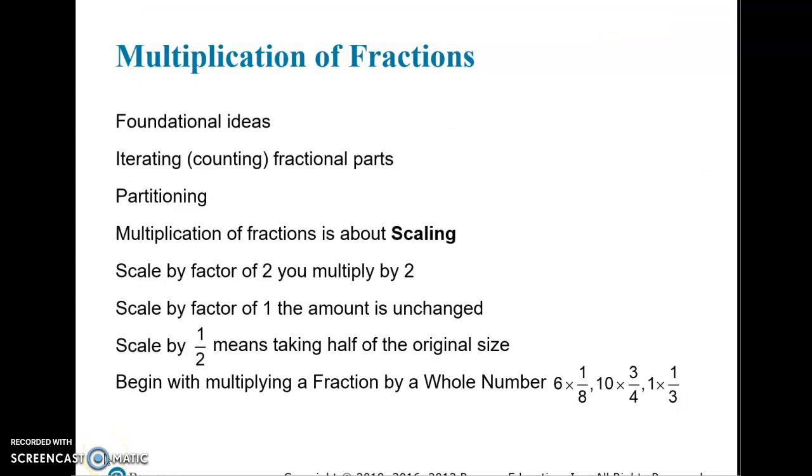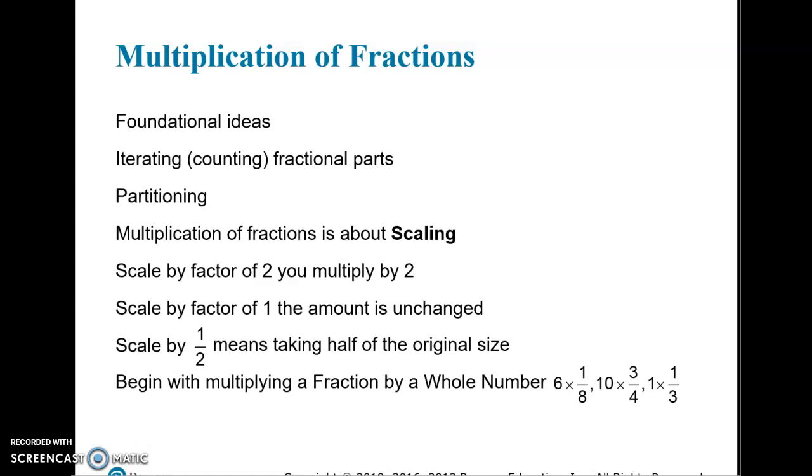Foundational ideas of iterating, counting, fractional parts, and partitioning are at the heart of understanding multiplication of fractions. Multiplication of fractions is really about scaling. If you scale something by a factor of 2, you are multiplying it by 2. If you are scaling by 1, you're multiplying by 1, and the amount is unchanged.